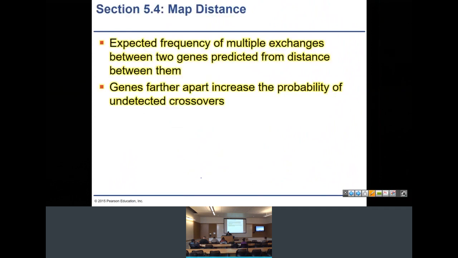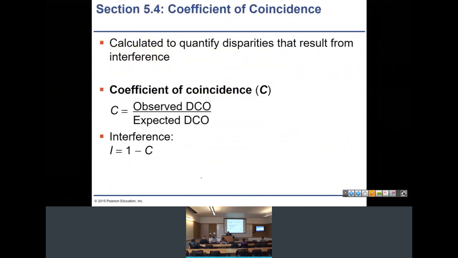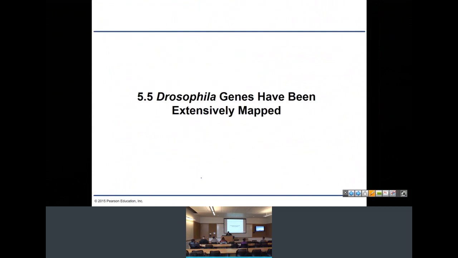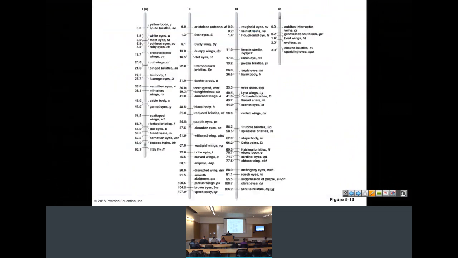I know I'm going all over the place, but some organisms have been really well mapped. Like here's the fruit fly, and you can see how it's been really mapped. If you just happen to look at this picture for a quick second, chromosome 1 here, when they're first mapping it, this is actually the X chromosome.